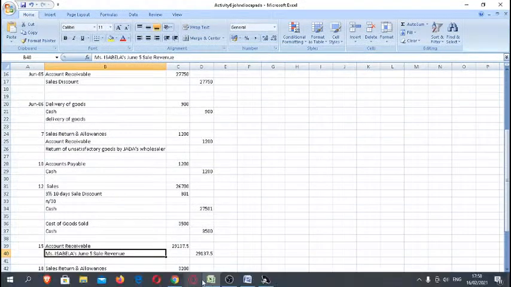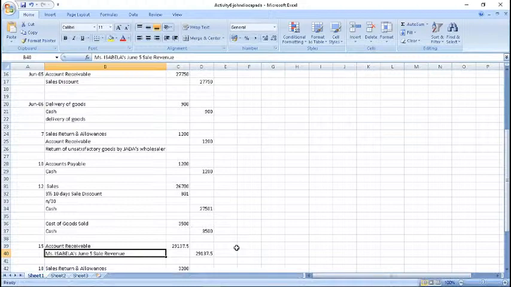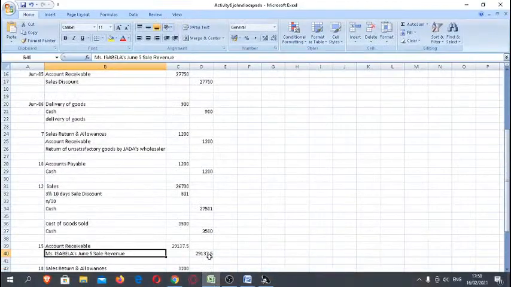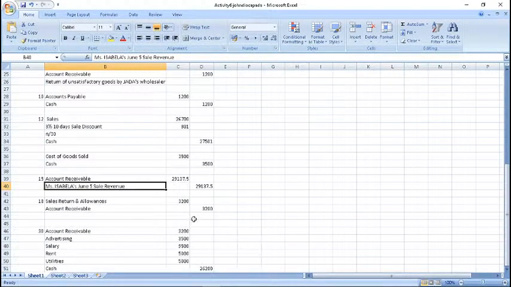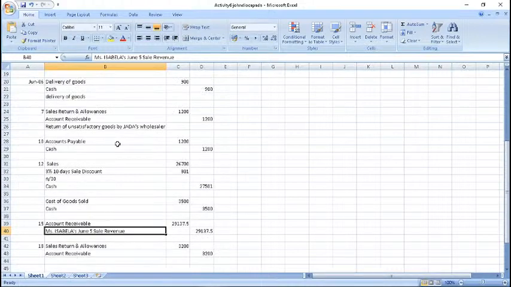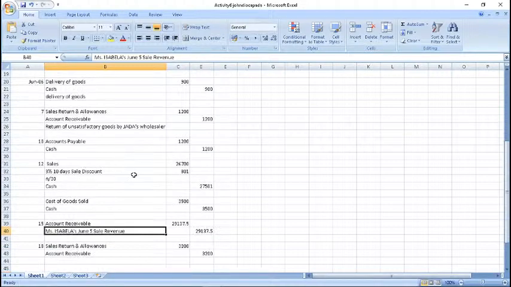Wala po, kasi wala pong sales returns and allowances na nangyari kay Miss Isabella. So kung babalikan natin yung June 5 transaction, may debit sa accounts receivable, merong credit sa sales.